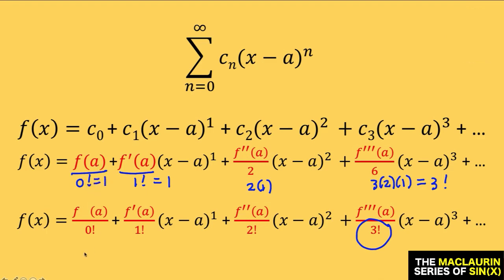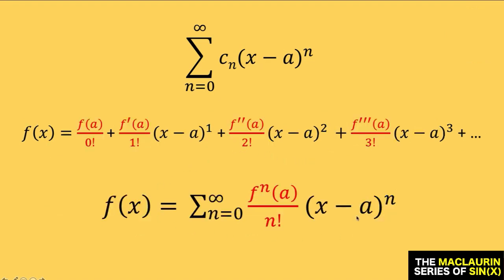So in effect, we can now complete the pattern. You have 0 factorial, 1 factorial, 2 factorial, 3 factorial. And you have f, f prime, f double prime, f triple prime. So the exponent agree with the order of differentiation and with the denominator factorial.